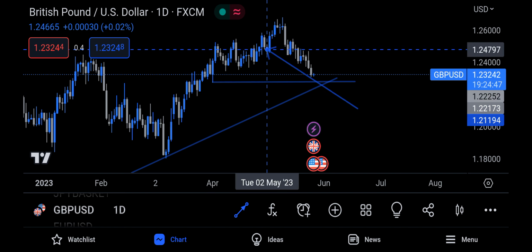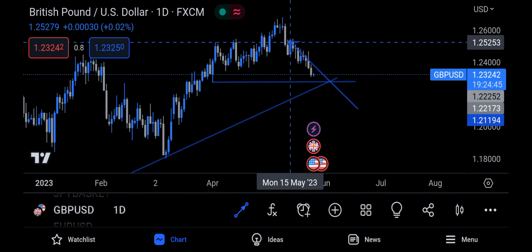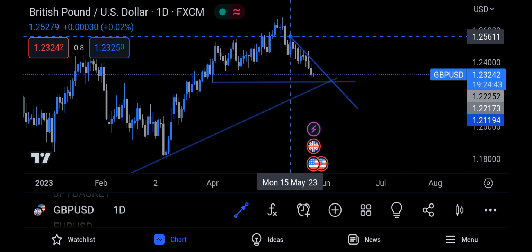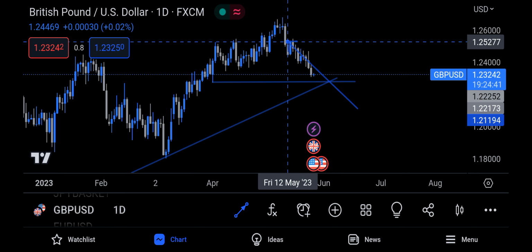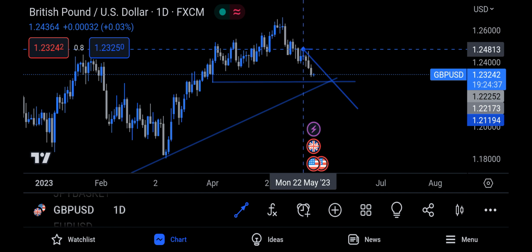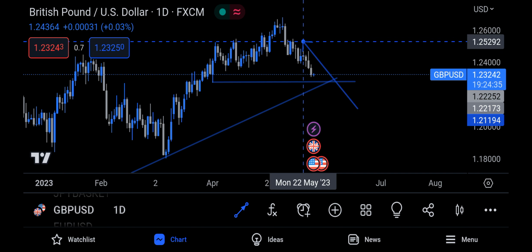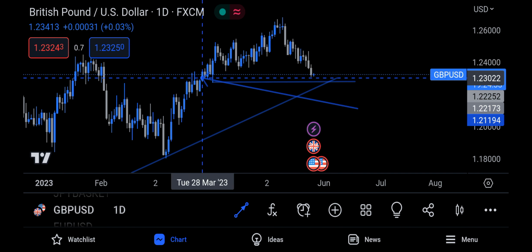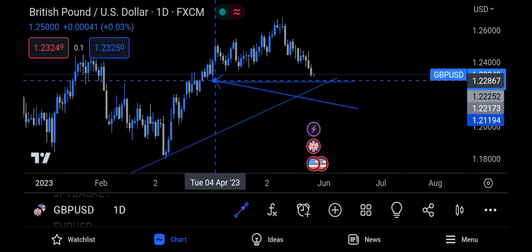So far the market was able to react. We got about 70 pips from the first entry before we were kicked out by the market at break even. So we broke below it, and the market is currently heading down to the second area of entry.